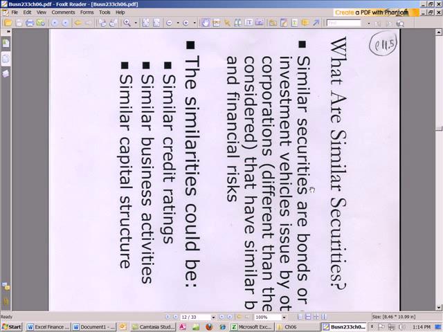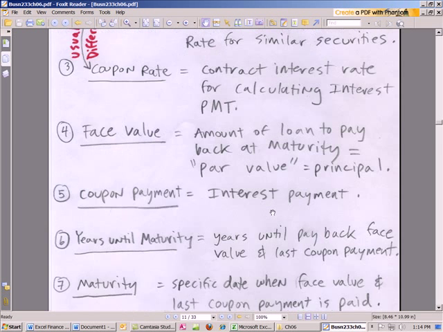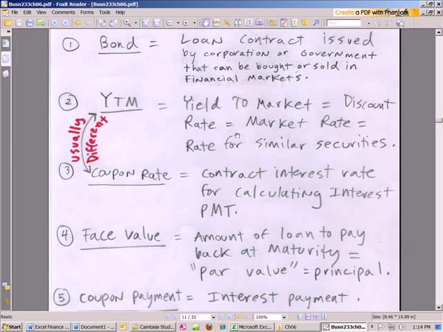Ooh, that's typed. Similar credit ratings, business activities, capital structures. You can look at that if you want. But if you're going to issue a bond, the rate that we discount the future cash flows at is the market rate or yield to market, and it's a rate for similar securities. These are almost always going to be different. All right, so that's our first experience with 2 different rates for one financial instrument.